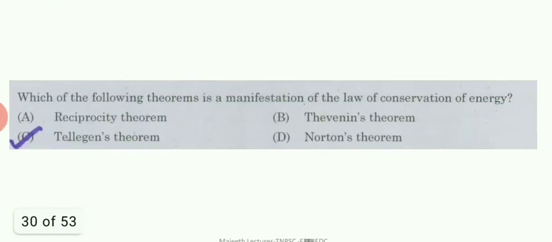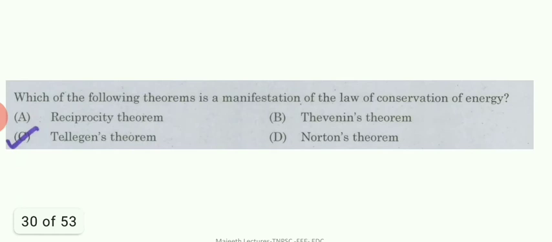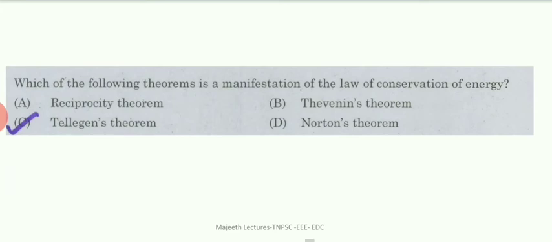Next one, which of the following theorems is a manifestation of the law of conservation of energy? It's the well-known Tellegen's theorem. Why? Because Tellegen's theorem states that the sum of the power delivered by the independent sources is equal to the power absorbed by the circuit branches.